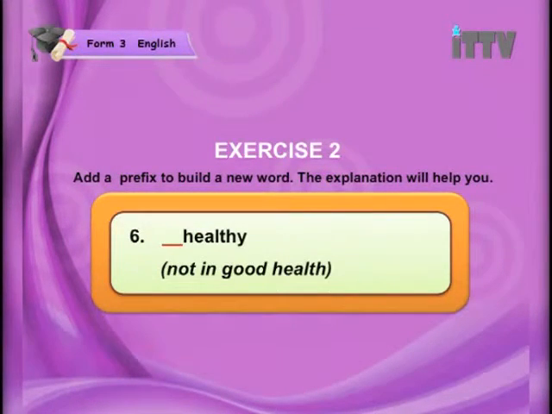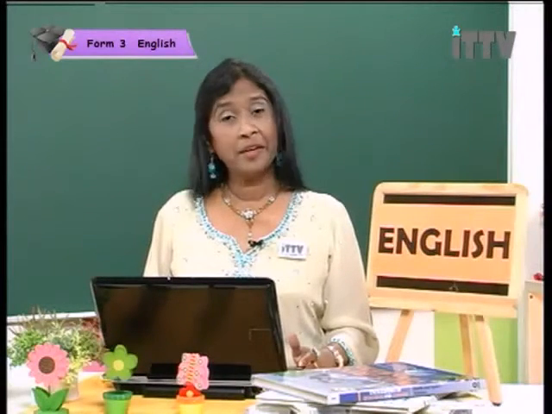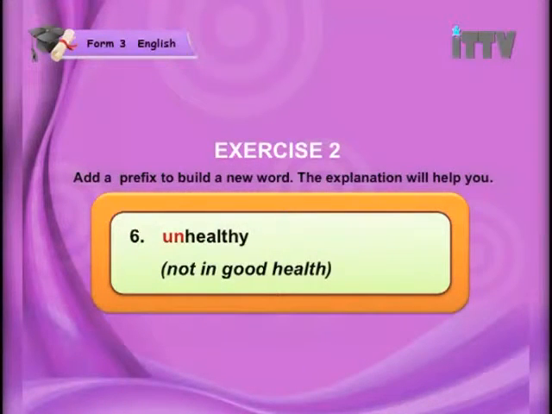Next, number 6, healthy. So the clue is not in good health. So what's the prefix? Now by adding the prefix, you are also forming your antonym. Answer, unhealthy. Opposite of unhealthy is healthy. It's very simple, isn't it, students?